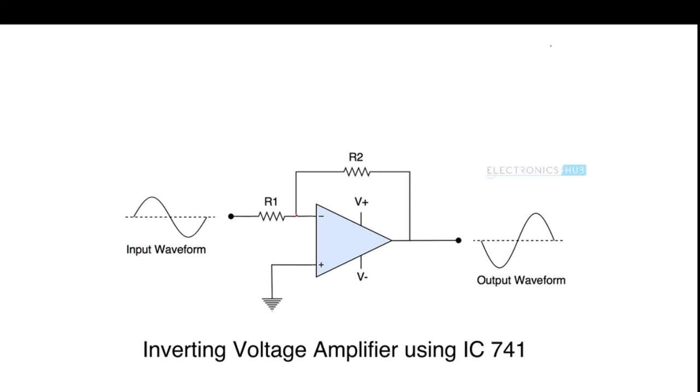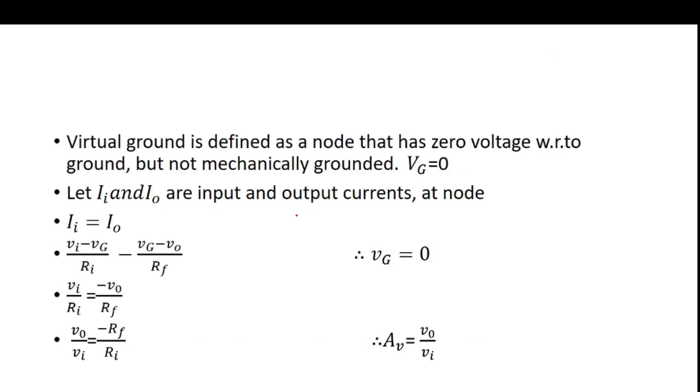According to Kirchhoff's law, let I1 and I0 be the input and output currents at a node. I1 means input current, I0 means output current. So at a node, input current equals output current.